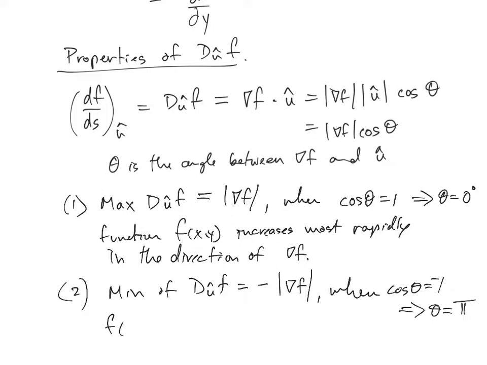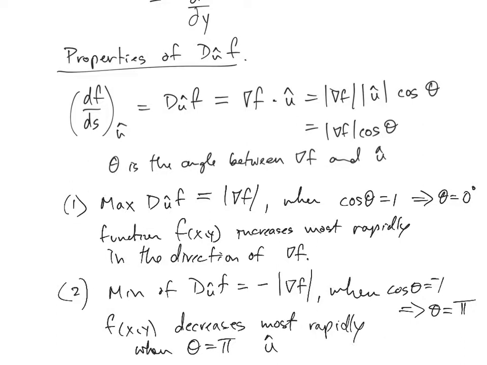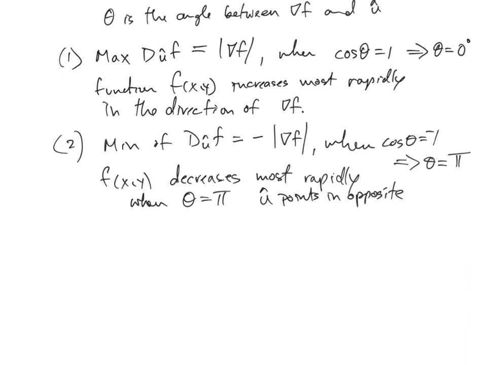So f of x y decreases most rapidly when theta equals pi. U hat points in the opposite direction to my gradient vector. Okay?